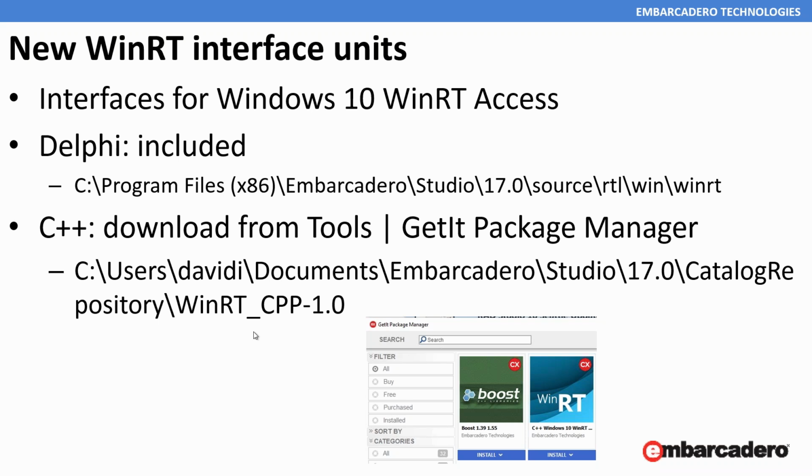And when it gets installed, you'll find those header files for C++ in the catalog repository for WinRT. Catalog repository in your documents area is where all the Get It package manager pieces and parts get put in, and then they're found in the search path in your IDE, which is updated so that those units, those components, whatever they might be, can be found.